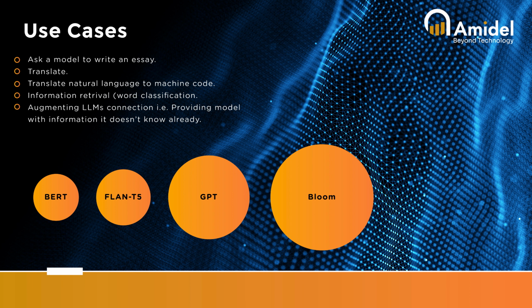Because it's been trained on billions and billions of data. But you've got this model called Flan-T5, which is slightly smaller, and it's been trained on conversation. So if you were to ask this model how to code a Python script, it might not be so familiar, right?